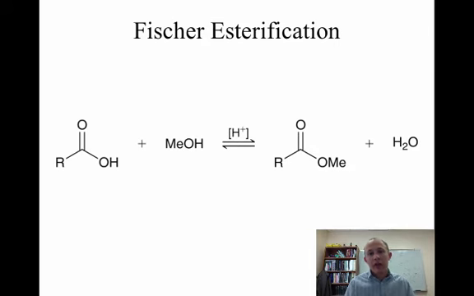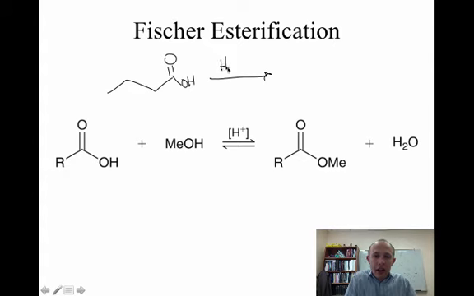The most common reaction to make esters is called the Fischer Esterification. And in this reaction, what we do is we take a carboxylic acid, let's say we use butanoic acid, and an alcohol, usually used in a large excess, and an acid catalyst, usually sulfuric acid.